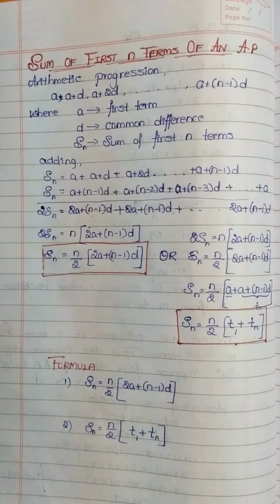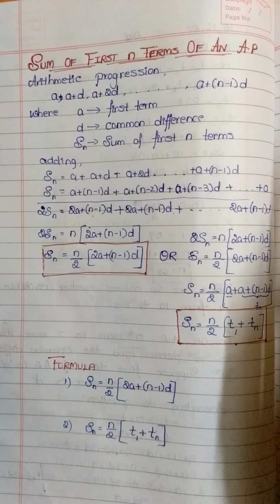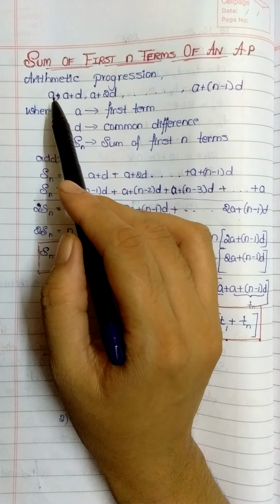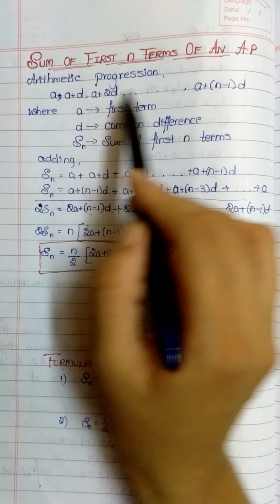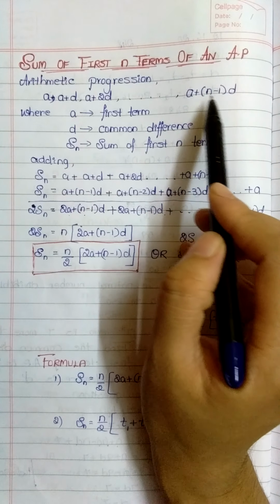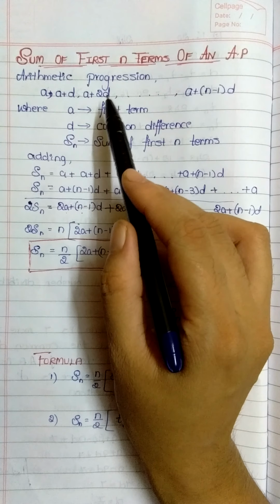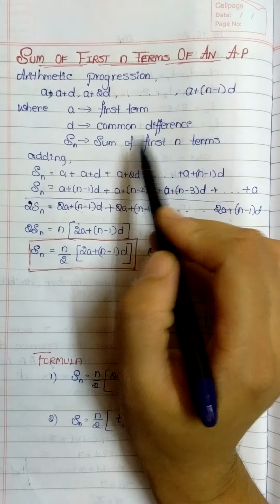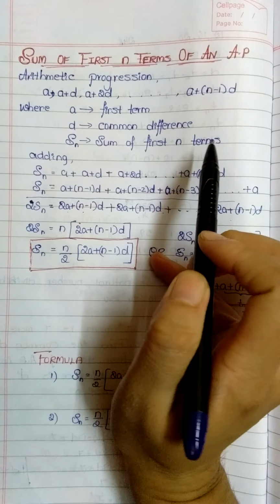So to find the sum of first n terms formula, we first write the arithmetic progression. The first term is a, second term a plus d, third term a plus 2d, and the nth term is a plus n minus 1 into d, where a is the first term and d is the common difference, and Sn is the sum of first n terms.